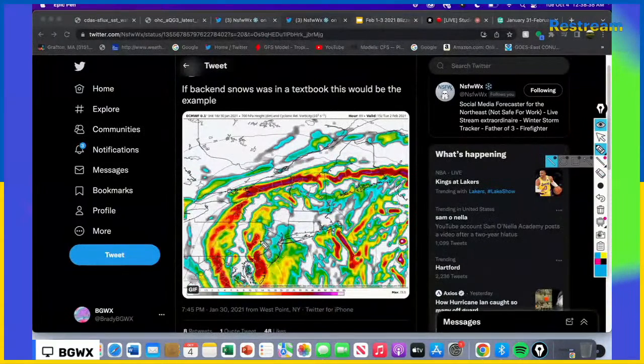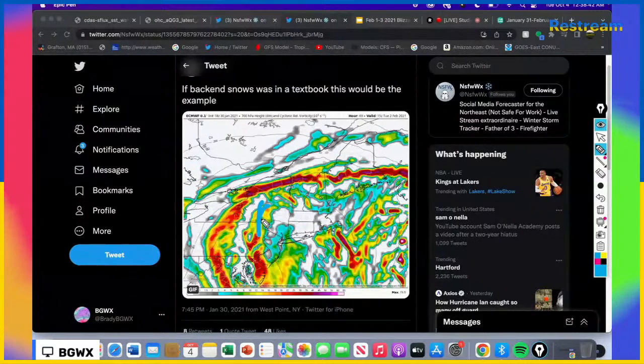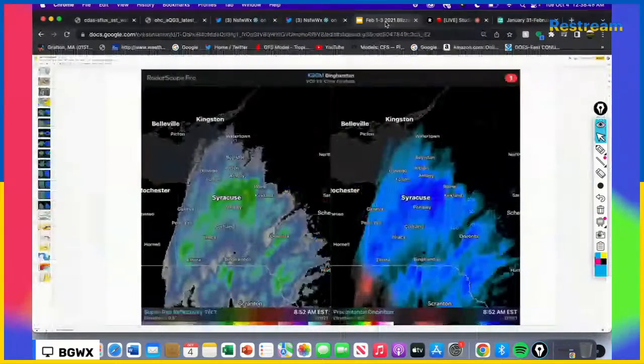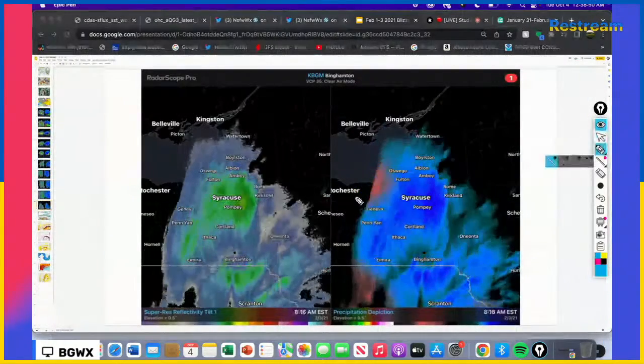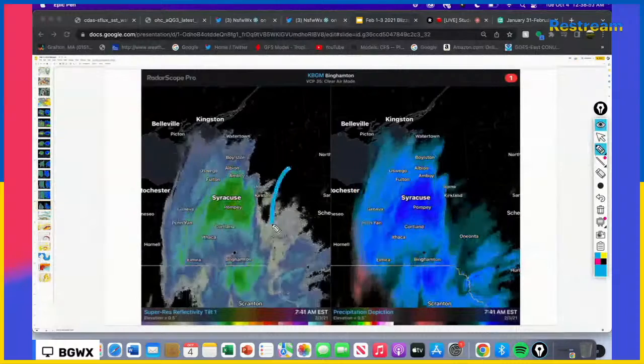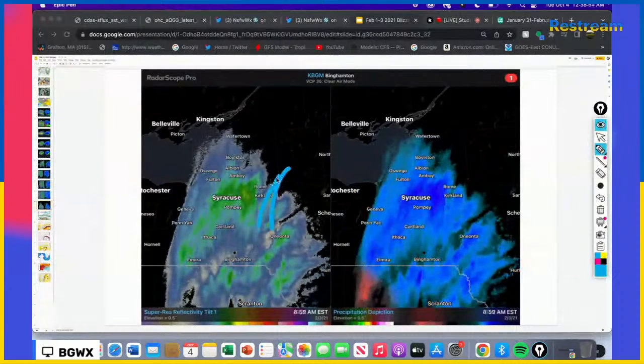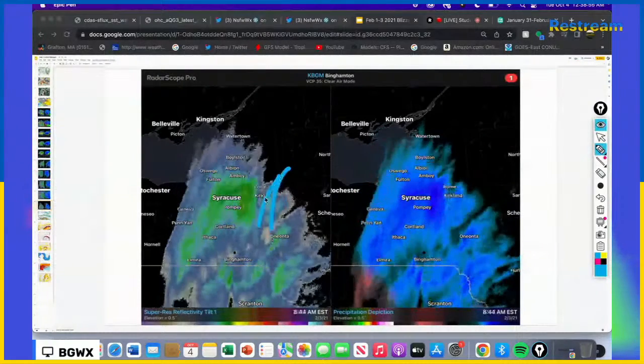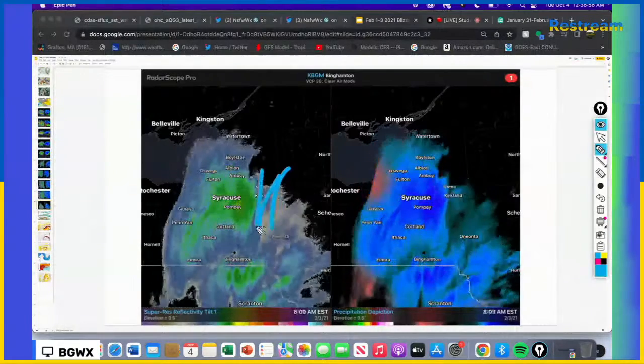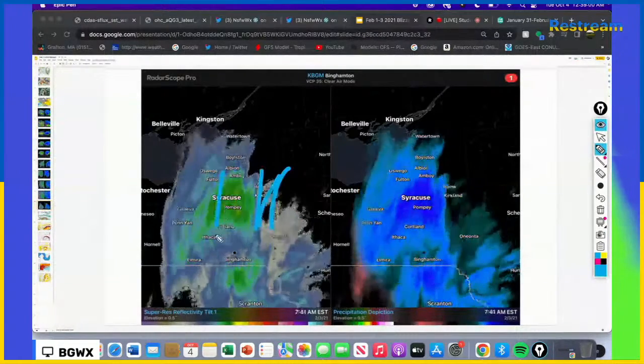Notice this mid-level vorticity right here. That's going to match up where we saw this banding. So this was around where it was, that mid-level vorticity. And then remember, we look for just to the north and to the west of it. And that's where we got this banding going on.